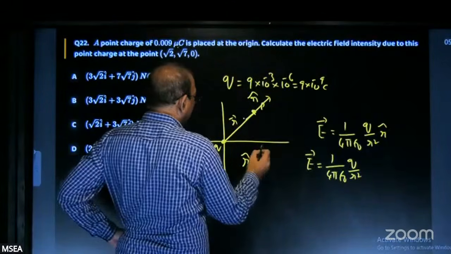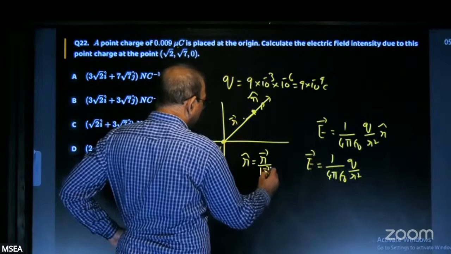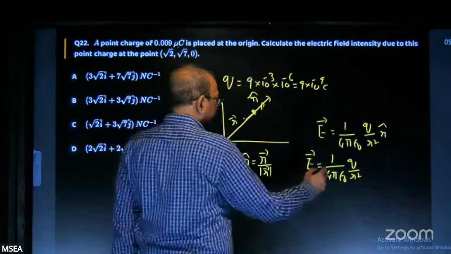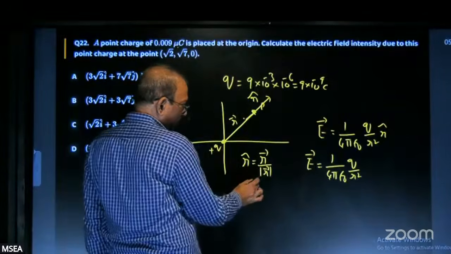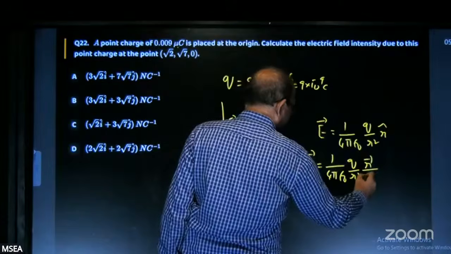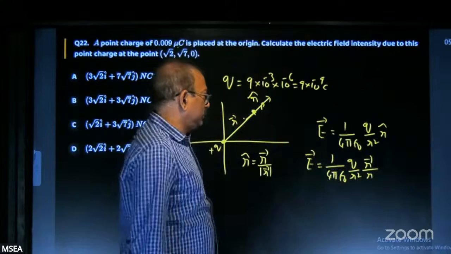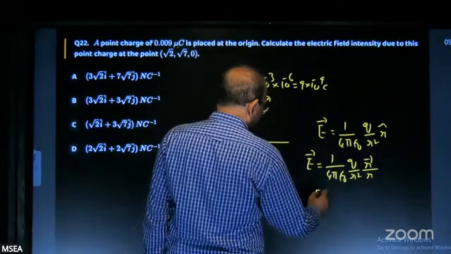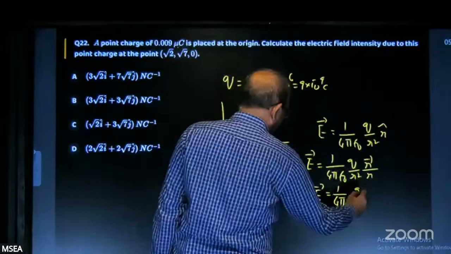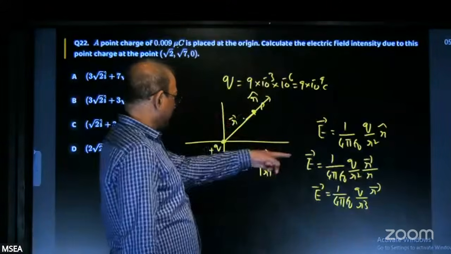If you divide the position vector by its own magnitude, you get the unit vector along this direction. So r cap is r bar by magnitude of r bar. Magnitude of r bar, I am writing r. Then E bar equals 1 by 4 pi epsilon naught q by r cube into the position vector r bar.